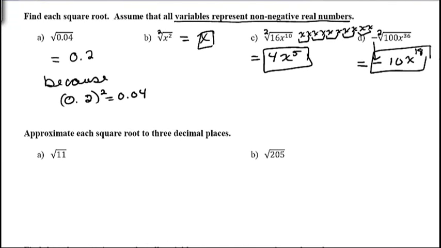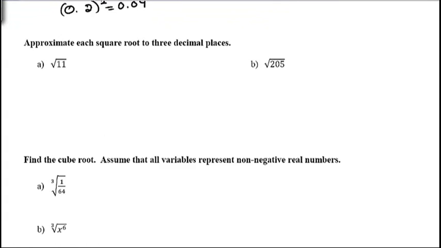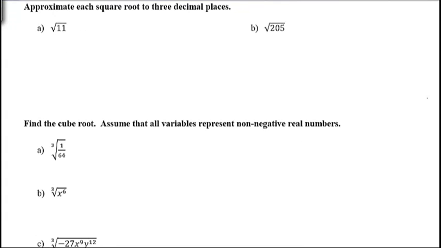Okay, so a couple more, and these are problems for you to do on your calculator. You may have a square root button right on your calculator, and it will depend on what brand of calculator you have. Some calculators you have to push the square root button first and then type in your number. Other calculators you type the number and then hit the square root symbol. It just depends on what kind of calculator you have.